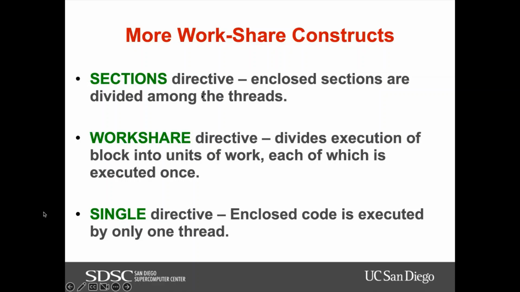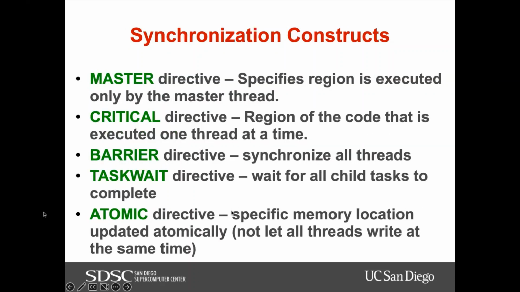But there are more work share constructs. As I said, the sections directive, basically the entire section is divided among the threads. There's a workshare that basically divides the execution into units of work, each of which is executed once. There's a single directive which basically says execute this with only one thread. You can also use a master directive which says that the region is executed only by the master thread.